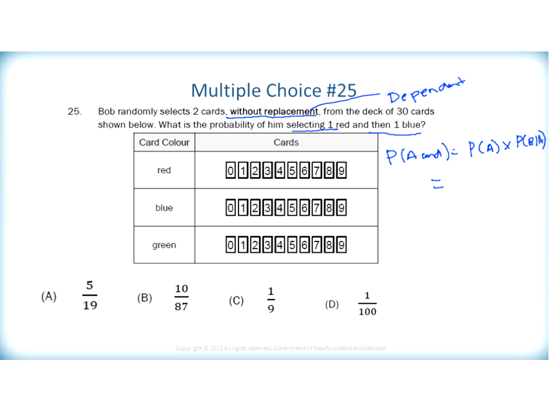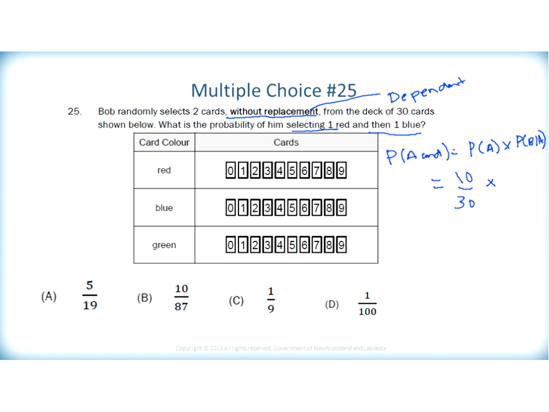The probability of A will be the probability of selecting a red. As you can see, there are 10 red cards out of a total of 30. So the probability of getting a red card will be 10 over 30.